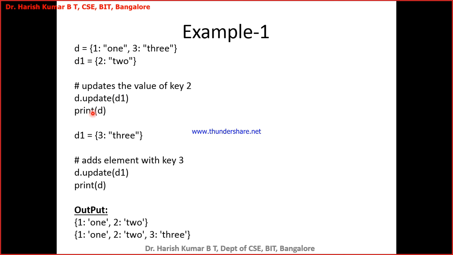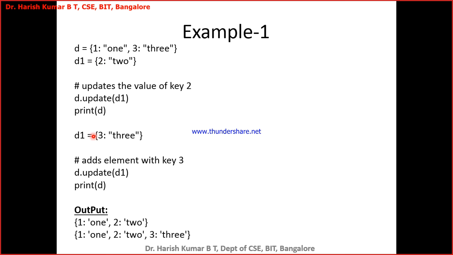So when I say print D, it should print me all the 3 because the dictionary D gets updated with this pair also, the new key value pair, that is 2, 2.